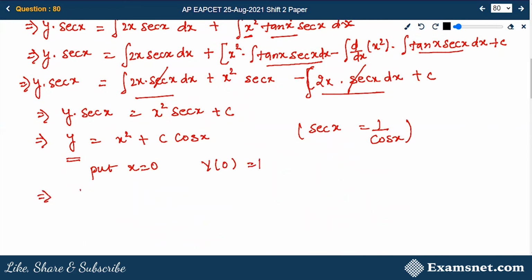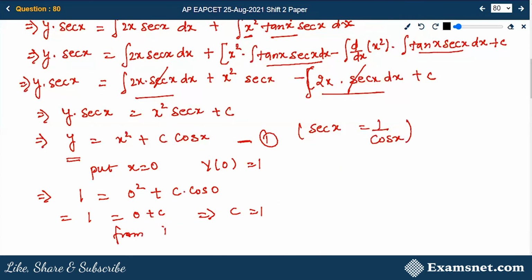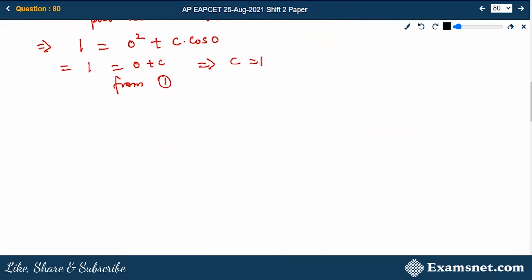So 1 is equal to 0 plus c into cos of 0, which gives you c is equal to 1. So from equation 1, this becomes y is equal to x square plus cos x.